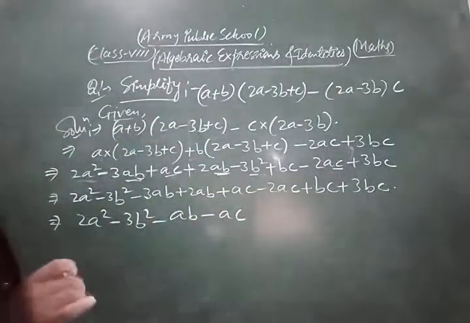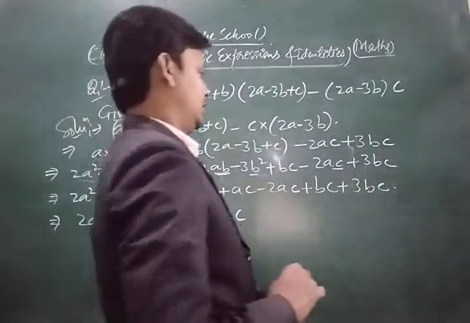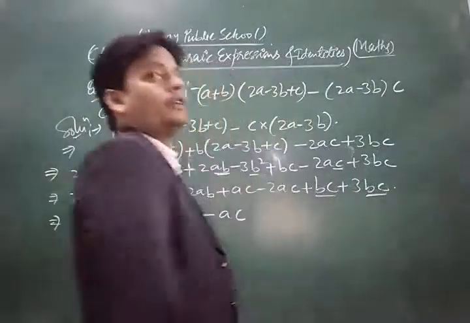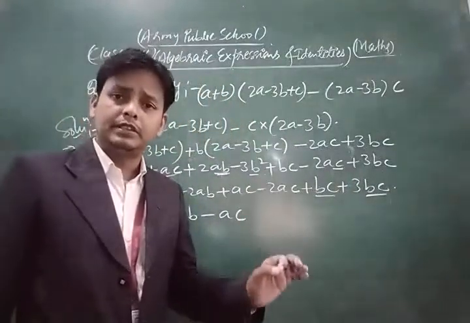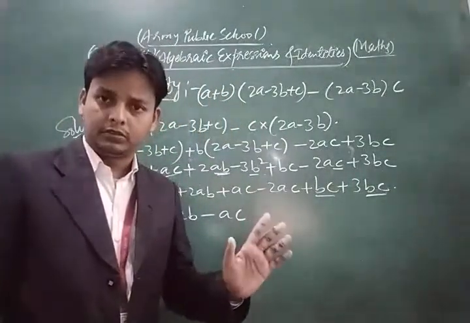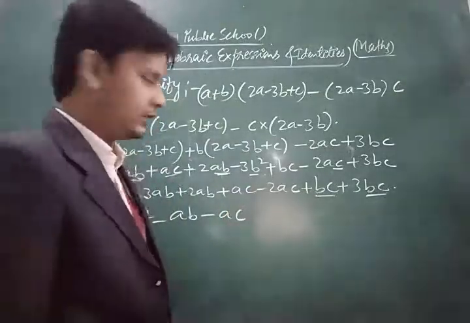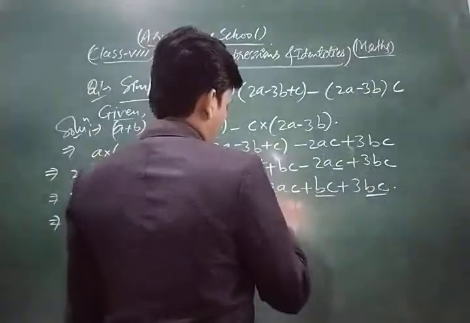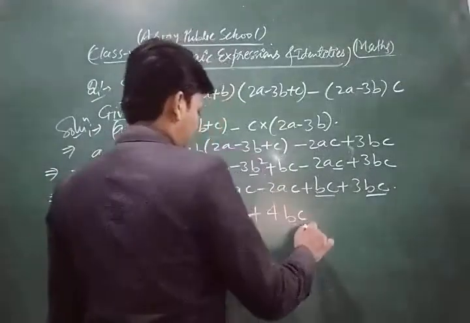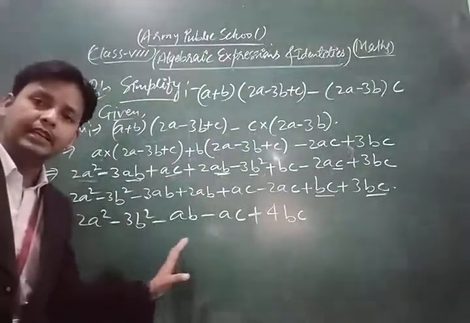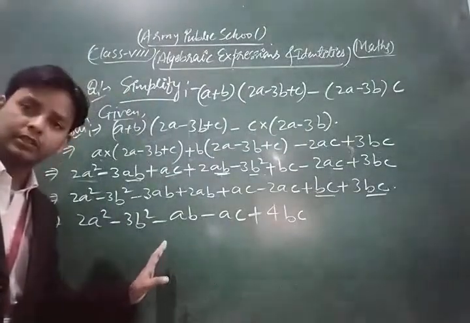Okay, now dear friends, this is bc, this is also bc. So bc are like terms. 3 plus 1 is 4, so here we have 4bc. Now look, in this expression no other like terms are there.